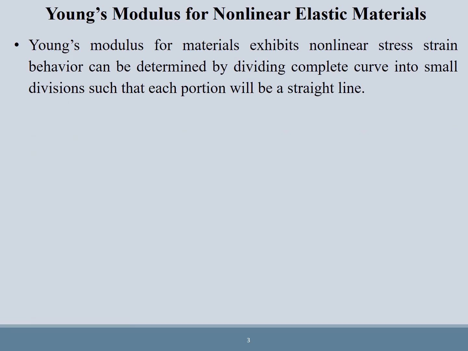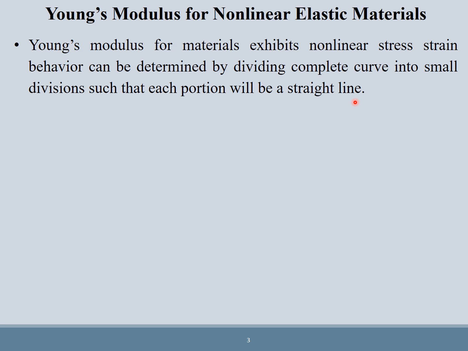Young's modulus for materials exhibiting nonlinear stress strain behavior can be determined by dividing the complete curve into small divisions such that each portion will be a straight line. We know that the curve is totally nonlinear and the material basically behaves elastically.